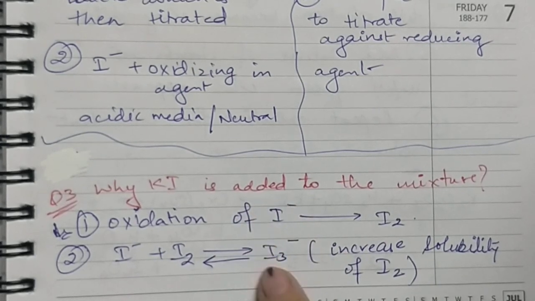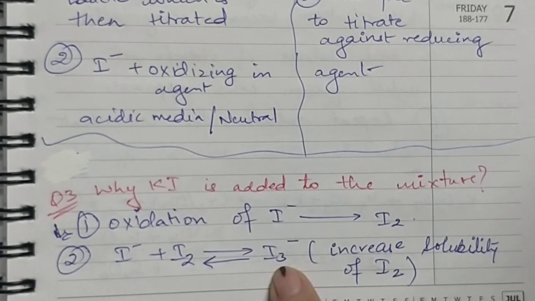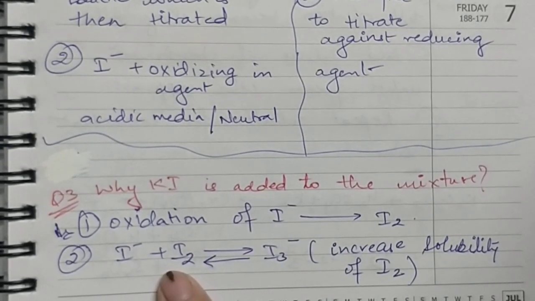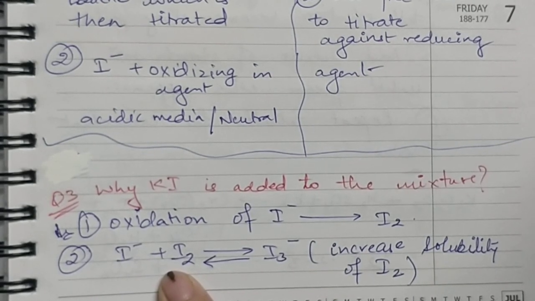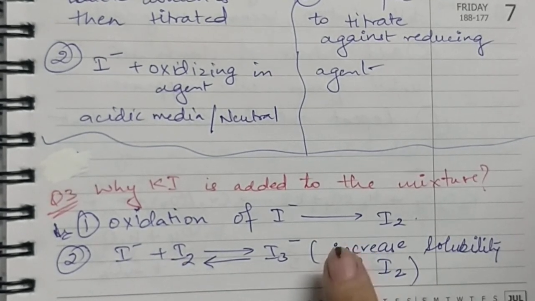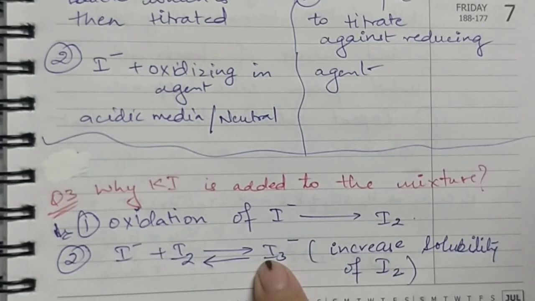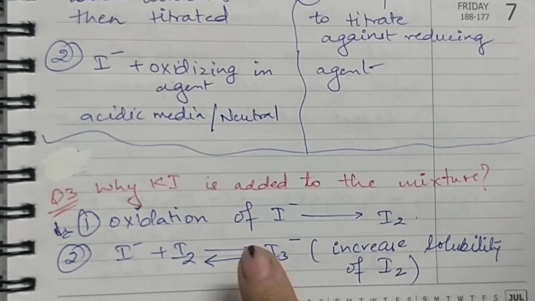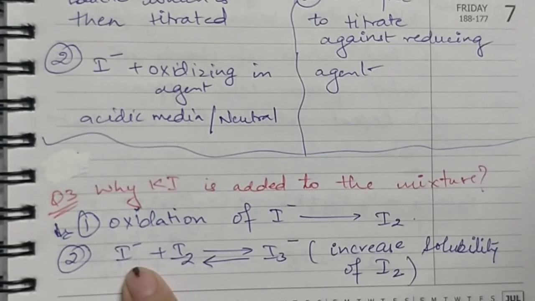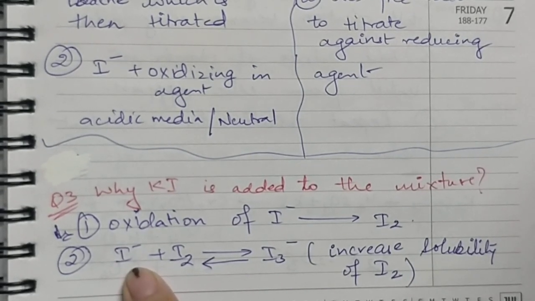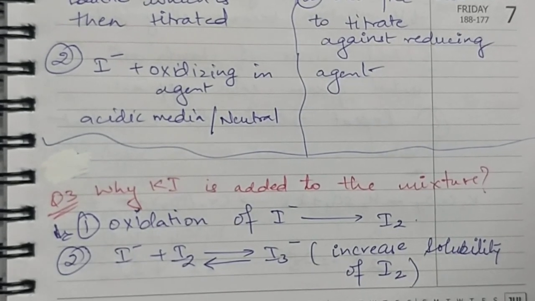This ion is soluble in water as compared to I2, as I2 has hydrophobic interactions with water. So to increase its solubility and form the triiodide ion, KI is added to the solution. This is the second use of adding KI to the mixture.